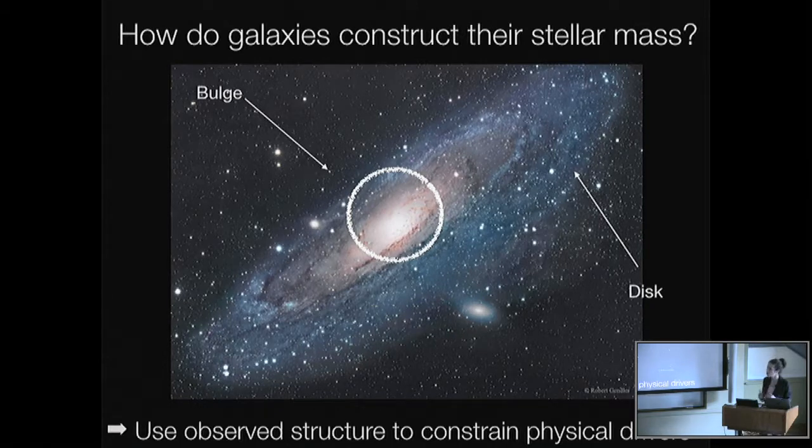Of course, the primary structural building blocks of galaxies are their bulges and their disks. So I want to talk a little today about what we know from the observational side about how the bulges and disks of galaxies form and what kind of constraints that puts on the physical processes that drive galaxy evolution.